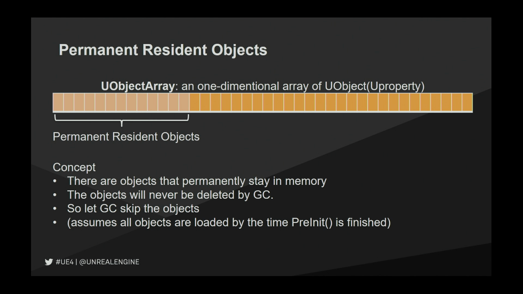The garbage collection system in UE4 has the concept of UObjects that are loaded and never unloaded. We call them permanent resident objects. If you can avoid checking these objects during garbage collection, you can save a lot of time. But there is the requirement that these objects are all loaded by the time that PreInit is finished.